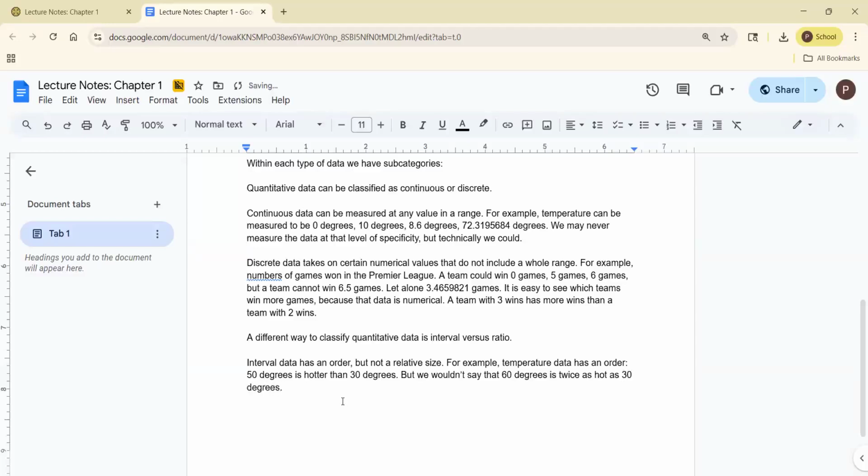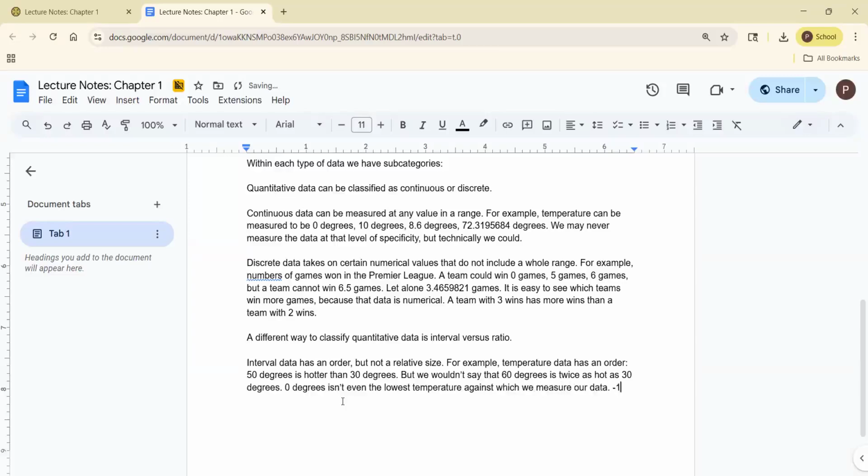I mean, we might think that kind of colloquially, but from a numerical standpoint, it's not really twice as hot. 0 degrees isn't even the lowest temperature against which we measure our data. Right?